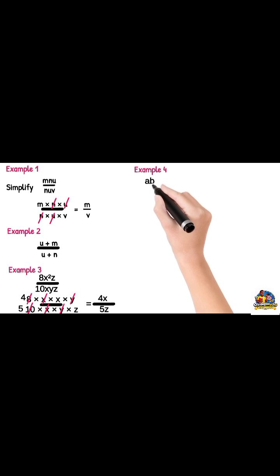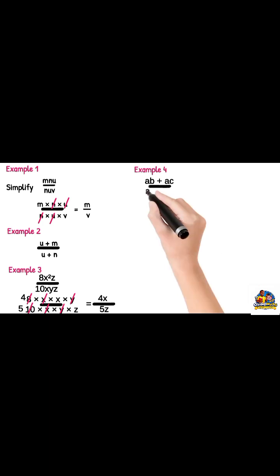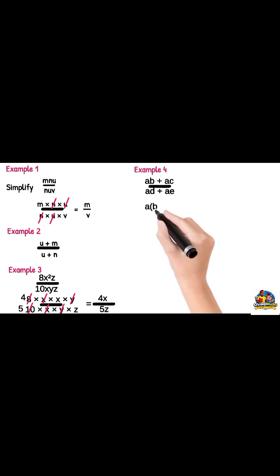Now another example, AB plus AC over AD plus AE. What we are going to do is solve them one by one. In the numerator, look for the factor. What is common to them? A is common. Bring that A out.